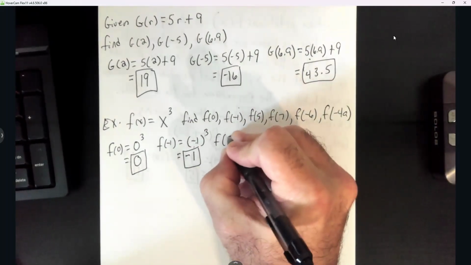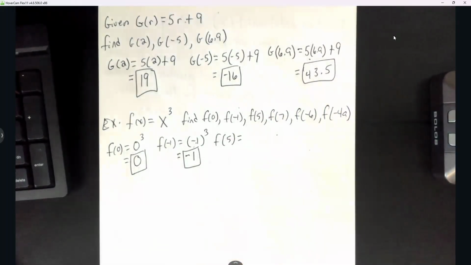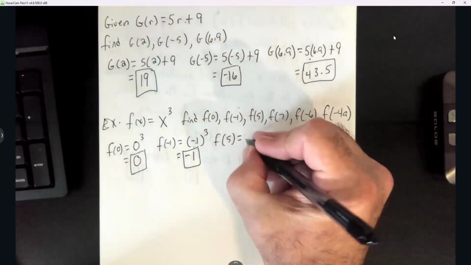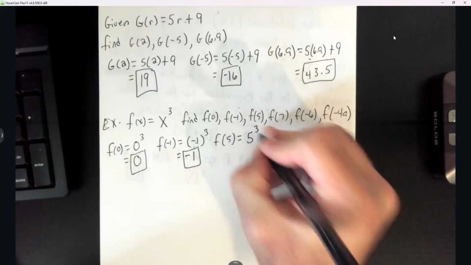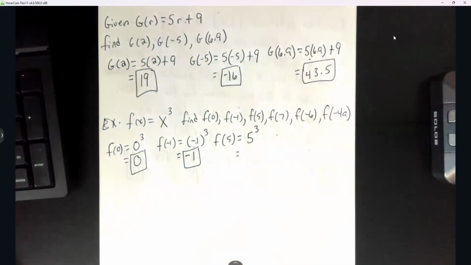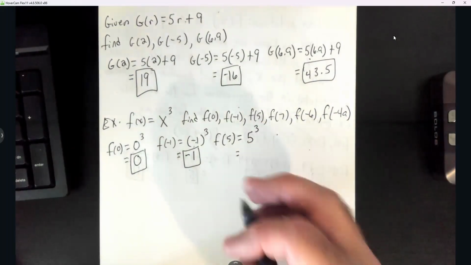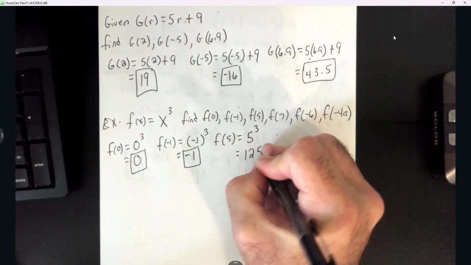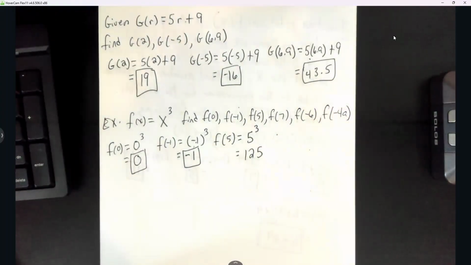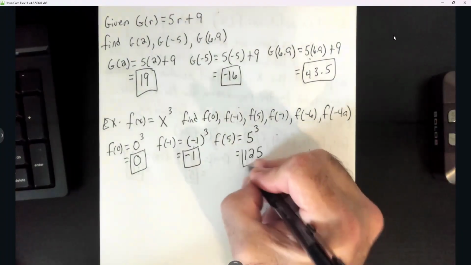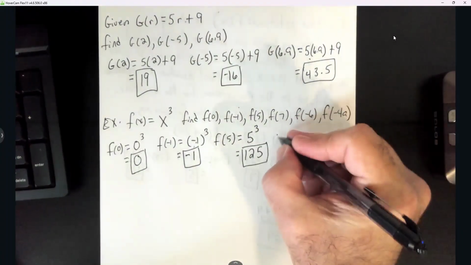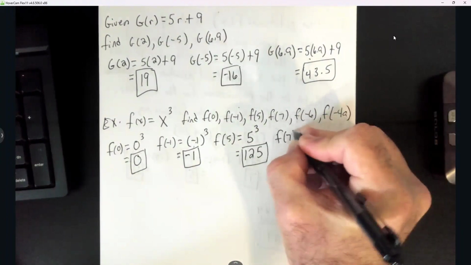All right, let's see what y'all do with this one. Y'all find me f of 5. That is going to be 5 cubed. Whoo, y'all are quicker than I can write. Good job, 125. 5 times 5 is 25. 25 times 5 is 125. All right, well, what about this one? f of 7.